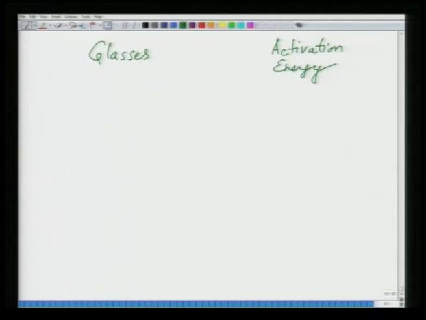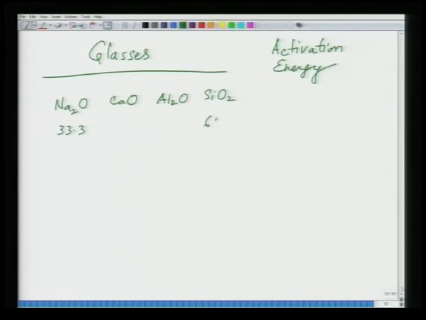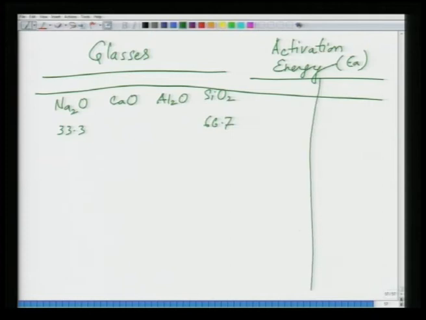These glasses have a composition of Na2O, CaO, Al2O3, SiO2, let us say 33.3% and 66.67%, and this is the activation energy Ea. One of these is from the conductivity data and another is from the diffusion data, and both of these you will see match.